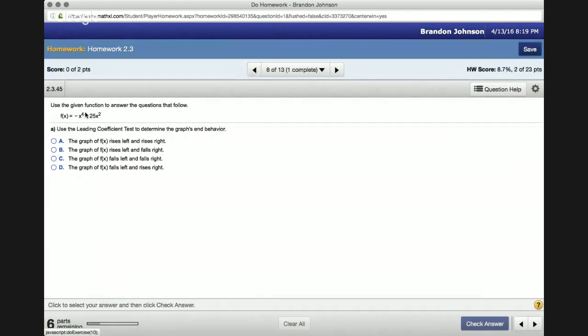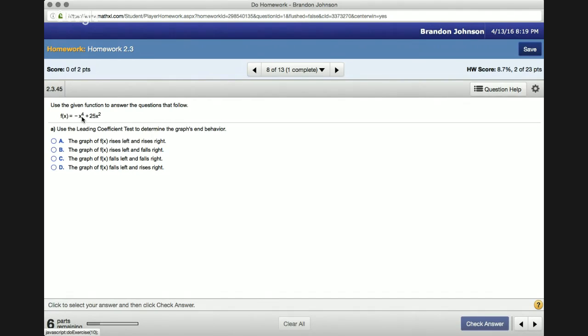This one's in standard form, so you don't have to worry about it. Because again, the 4 in this case is even. There's no distributing needed, so we know that the degree on this one would be even here. The lead coefficient would be negative.